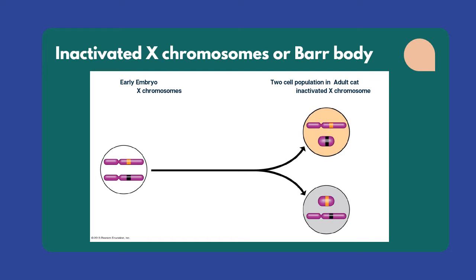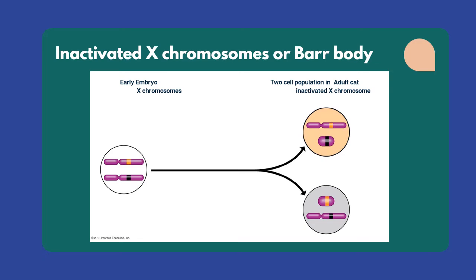This accounts for the calico pattern in cats, where the fur color may be orange or black or a mixture of both. The gene for fur color is found in the X chromosome. If the allele inactivated is responsible for the color orange, then the fur color will be black.